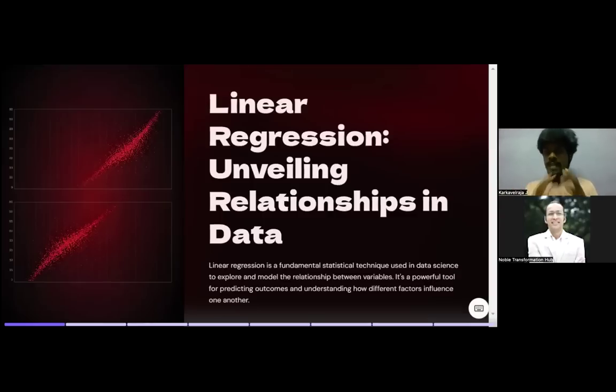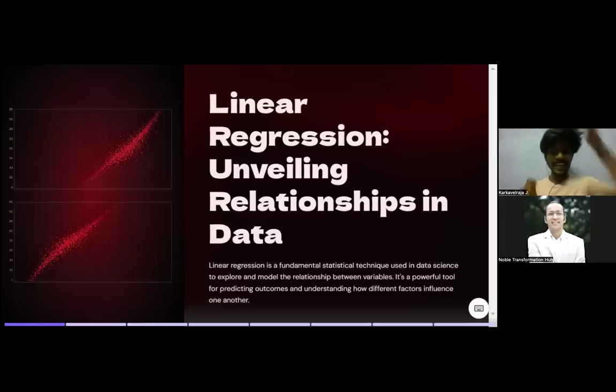Now you can see there is a relationship: whenever the student studies for more time, the mark is also more. This kind of relationship we can model using regression, that is, linear regression. Whenever the study hours increase, the marks also increase. That is how you can easily correlate what linear regression is.